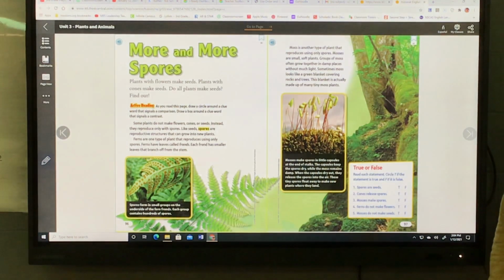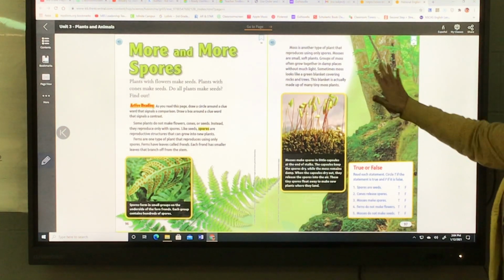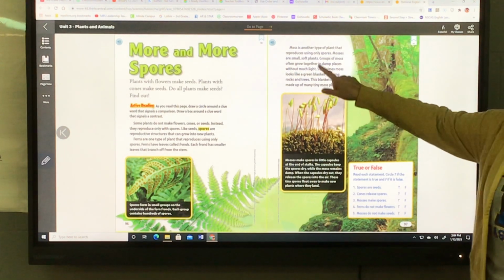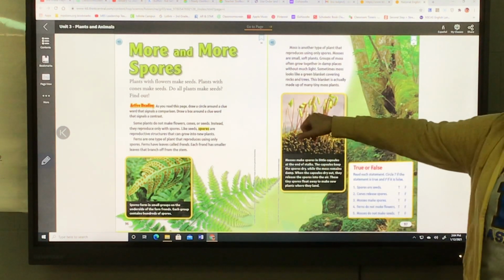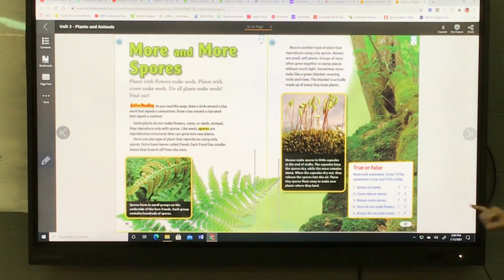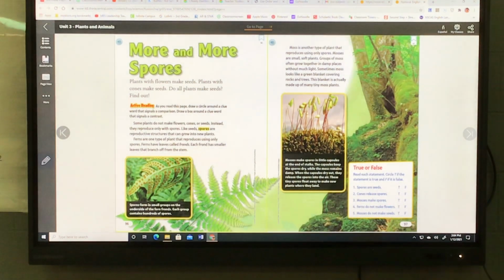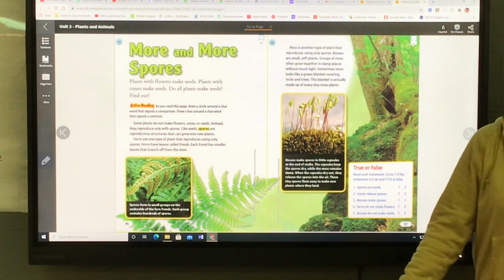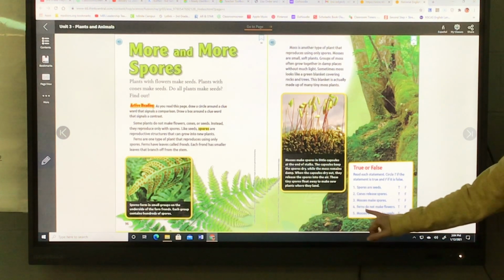Mosses make spores. Now remember, all of this was moss. And what did it say about those capsules? They open. What's inside there? Spores. So do mosses make spores? Yes. So what do we need to circle? T. That is true.